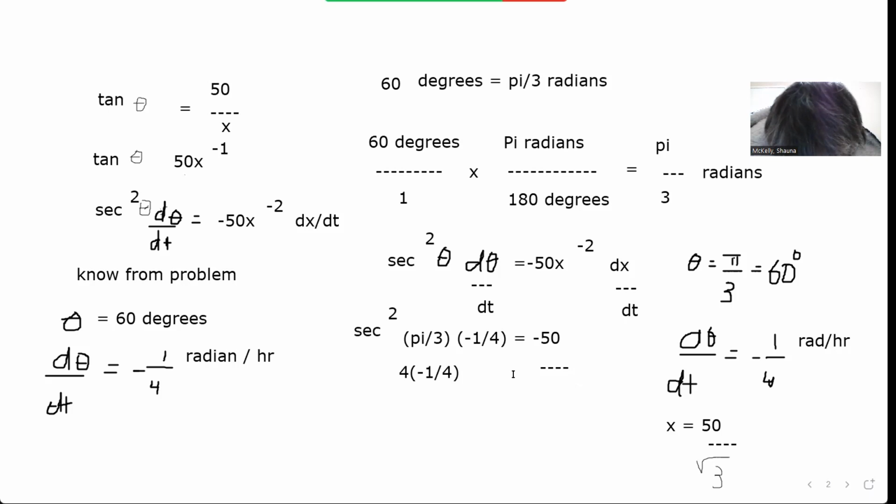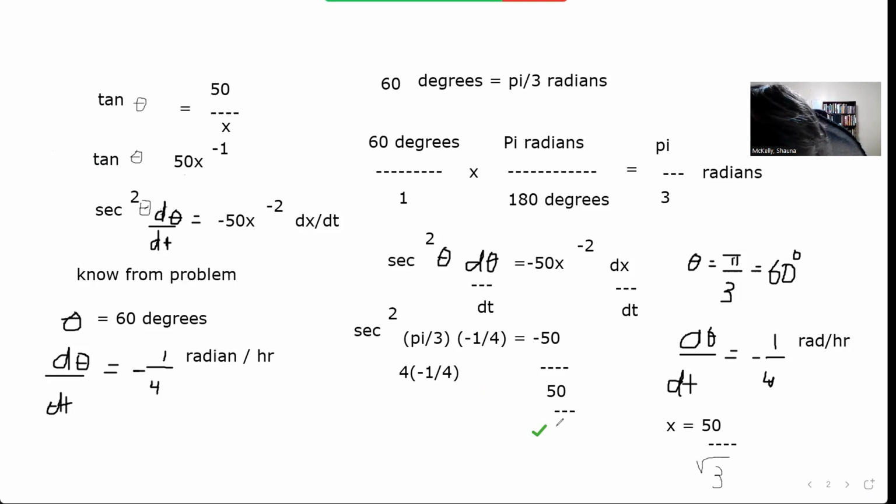So this is 50. X, remember, is 50 over the square root of 3, and I'm squaring it. So I'm back to this answer at this one that I had previously.